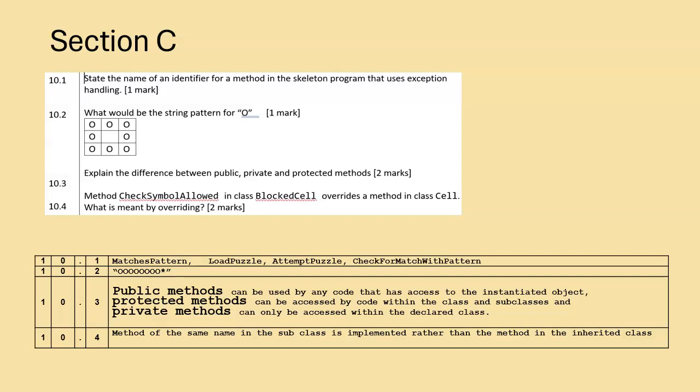If I'm instantiating the child class, then the child class method will get executed rather than the parent class. I think I've said that all the right way around. Basically, it's a way of changing the code for a child class for the same method. And that, ladies and gentlemen, is section C done and dusted.